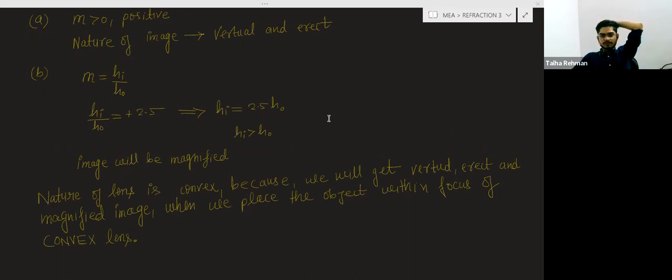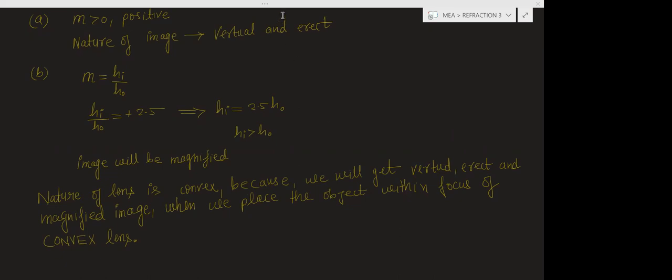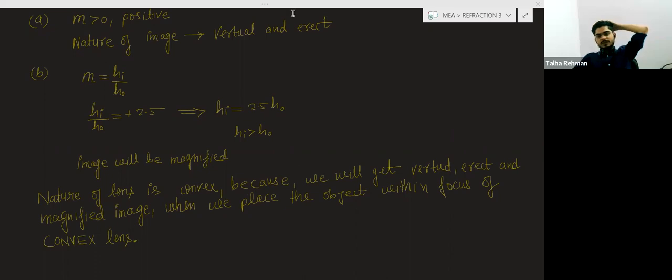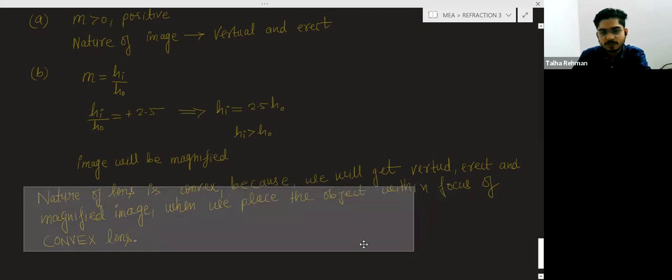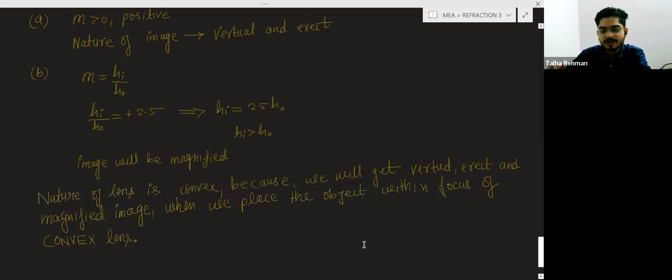Clear, Martin? Yes, question. The thing is, I am telling you a lot of things right now. It means if m is greater than 0, then the nature of the image will be virtual. I have told you this.